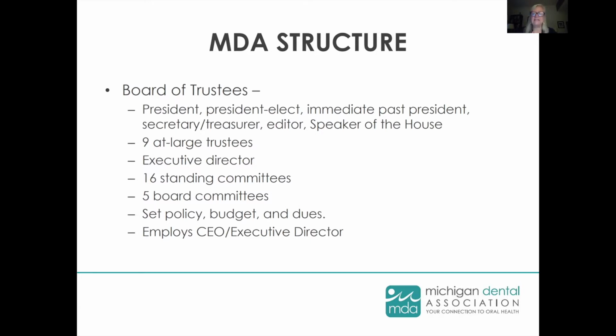The Board of Trustees has 16 standing committees, which are the committees you are probably here representing, as well as 5 board committees. The Board is responsible for setting MDA policy, approving the budget, and setting the amount of the dues every year. They also employ me as the CEO Executive Director, and I oversee the staff.